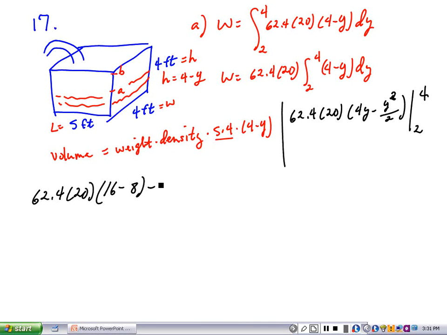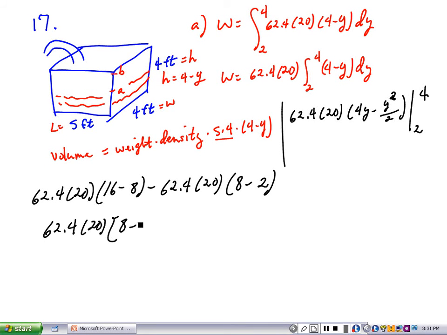And then minus 62.4 times 20. Now evaluate the y's at the 2. We get 8 minus 4 divided by 2 is 2. So we have 62.4 times 20 times parentheses 8 minus 6.